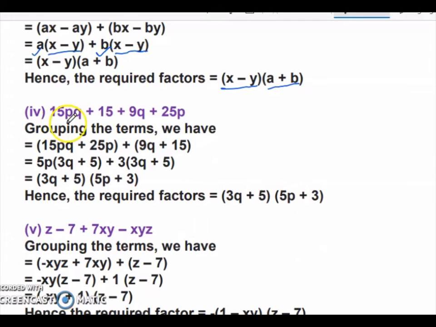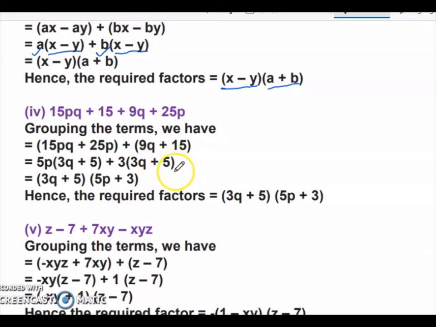The fourth one is 15pq plus 15 plus 9q plus 25p. So we will group the terms in this way: 15pq plus 25p as one group plus 9q plus 15 as another group. So from the first group we can take 5p common and we have 3q plus 5, the remaining terms in the bracket, plus from the last two we can take 3 common.